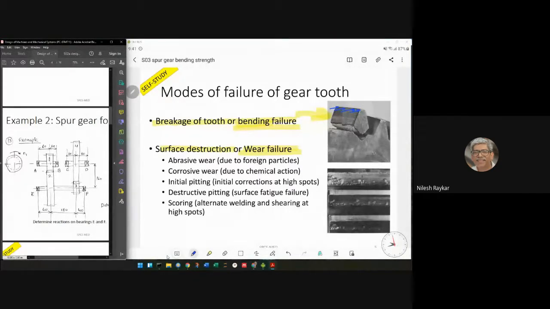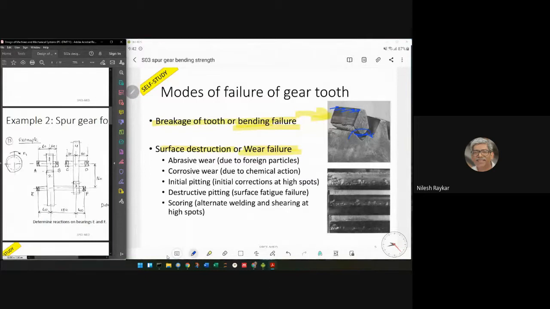Tangential is the one which causes the bending of this tooth about its root. So this tooth acts as a cantilever, and if your gear tooth is not properly designed or it is overloaded, then you will get total failure by bending, and the tooth will break as shown here.